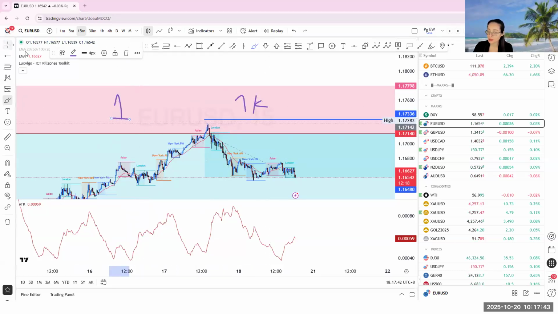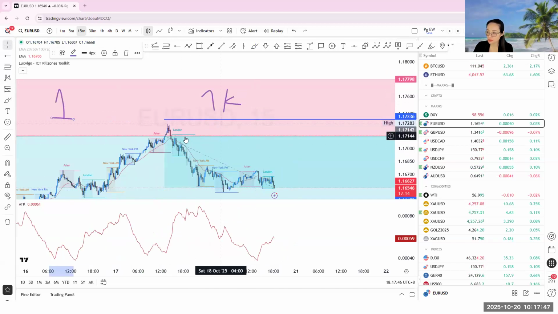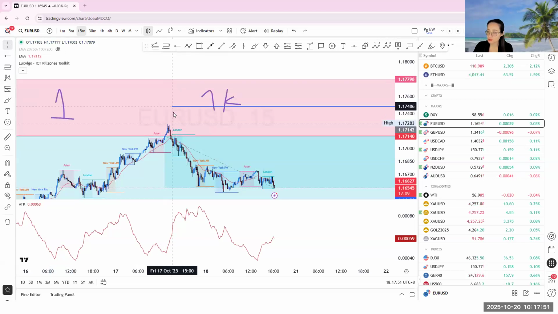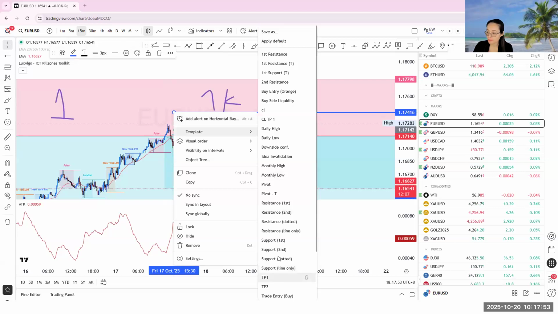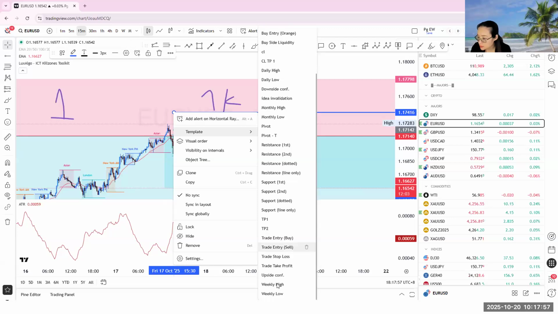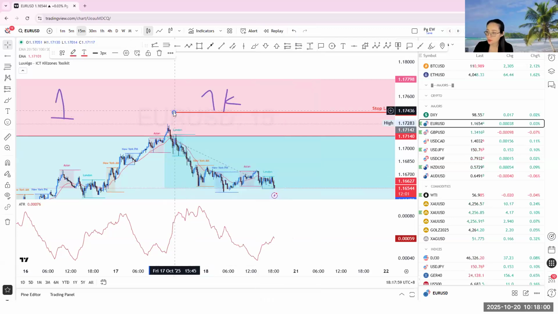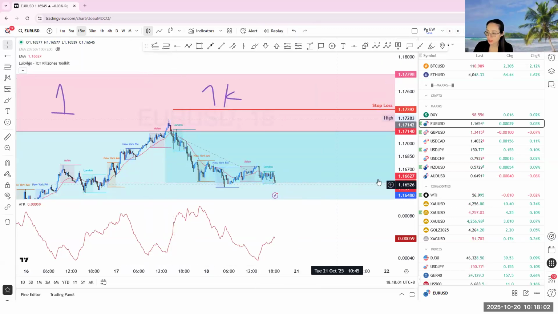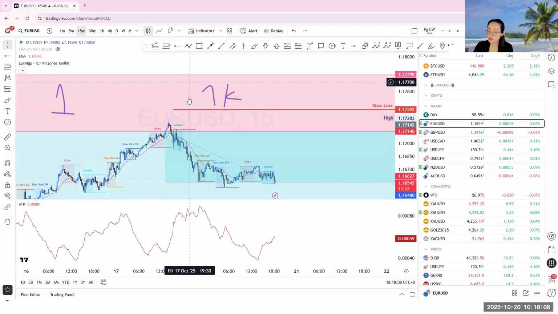Let's say your lot size is one lot. But when price goes in and you see confirmation in M15, you shift the stop loss from here to right here. Where's my stop loss? Stop loss here. And your lot size could be bigger than 1, because your stop loss is tight.